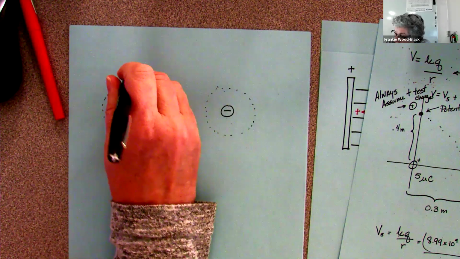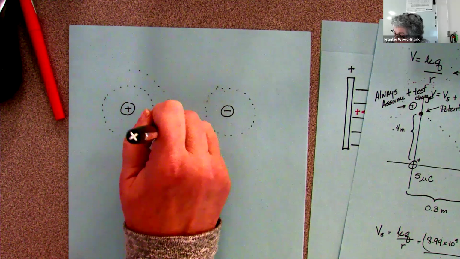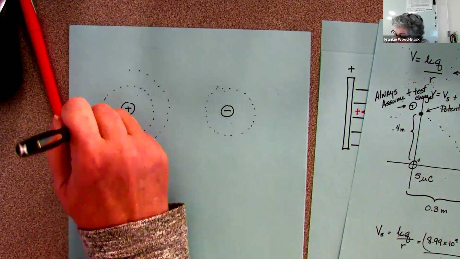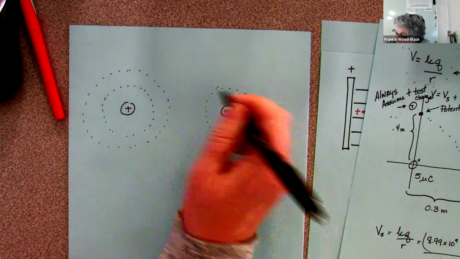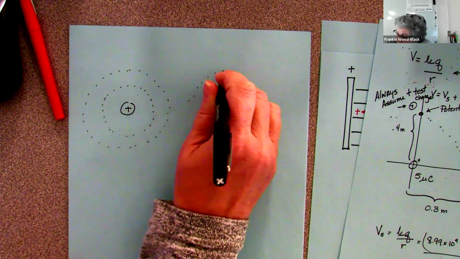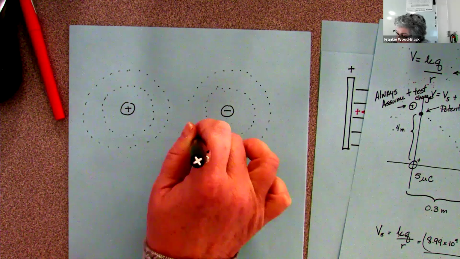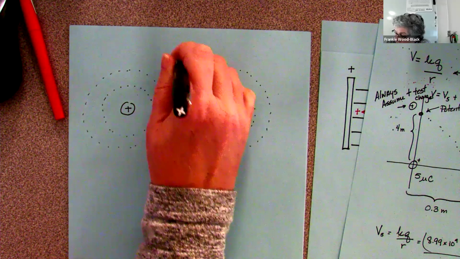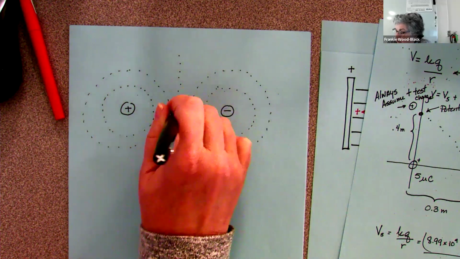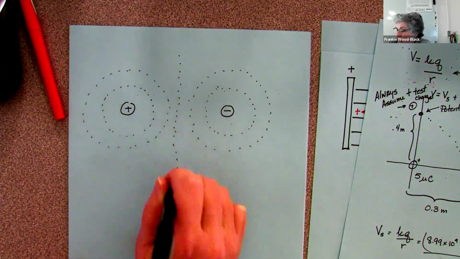And we know that the potential drops off as 1 over R, and then I'm going to ultimately have a line of equal potential between the two.